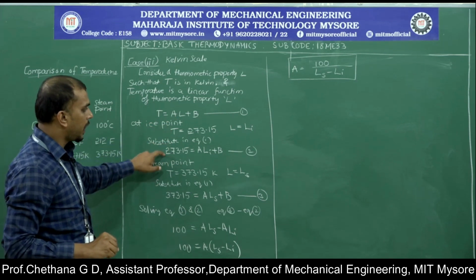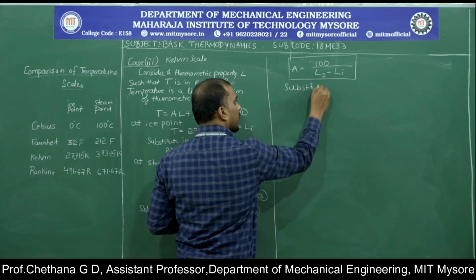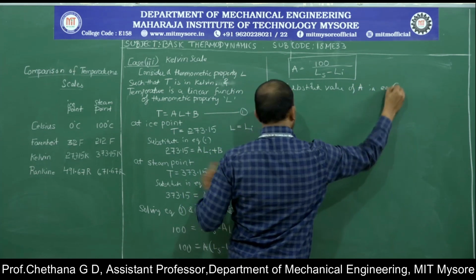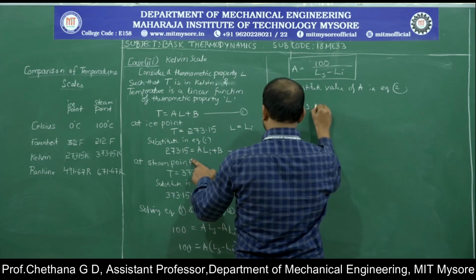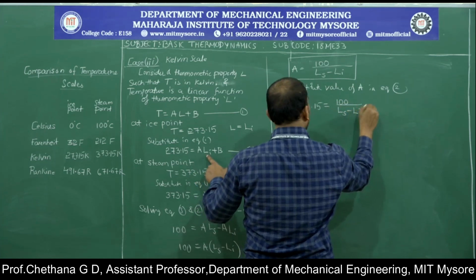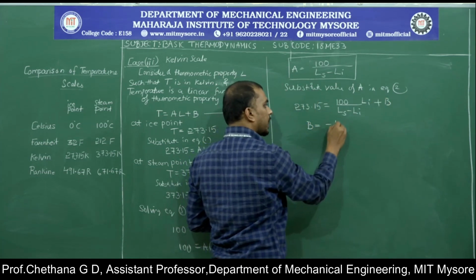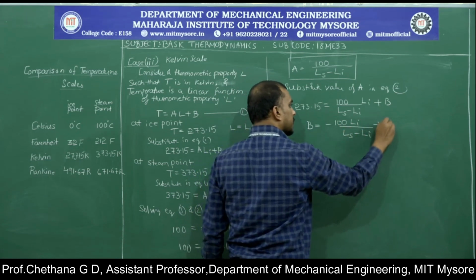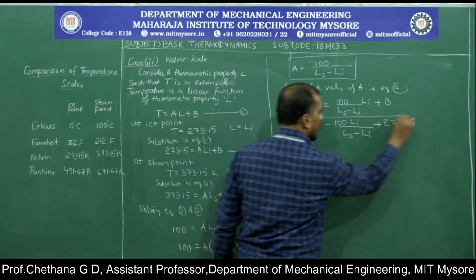We substitute the value of A in equation 2, that is 273.15 is equal to A value, 100 by Ls minus Li, into Li plus B. Go for the value of B. B is equal to minus 100 Li divided by Ls minus Li plus 273.15. We got the value of B.